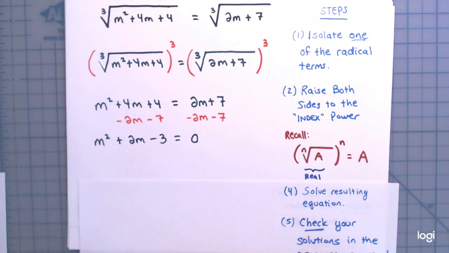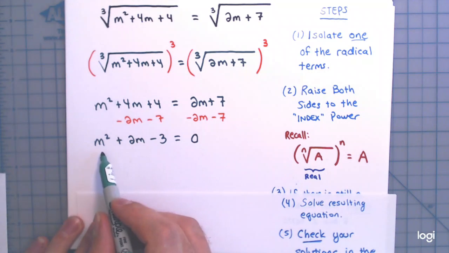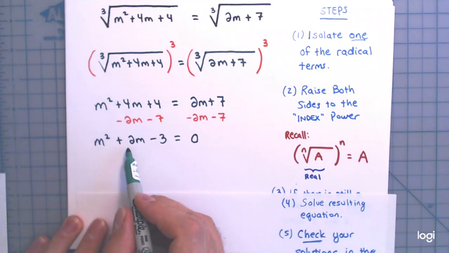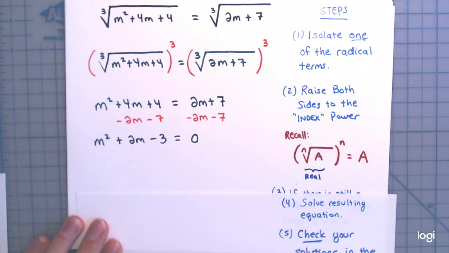And then we try solving by factoring. This can factor: m squared plus 2m minus 3. Again, if you don't remember how to do this, please look up another video on factoring quadratic polynomials. I'm not going to get into all that again. This video is about solving equations with two radicals.